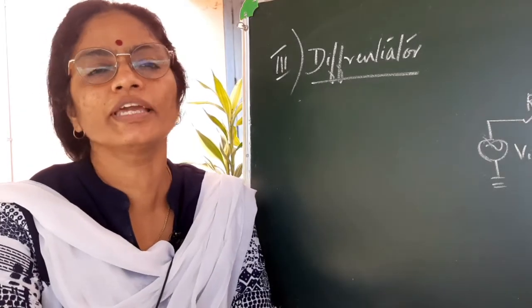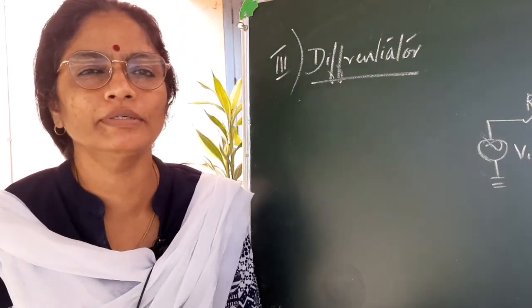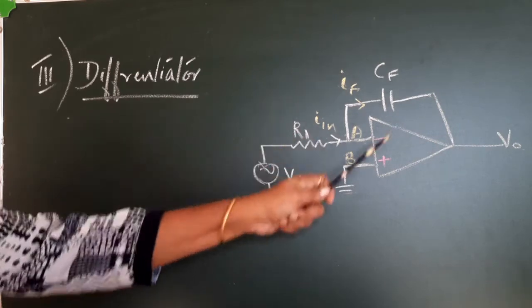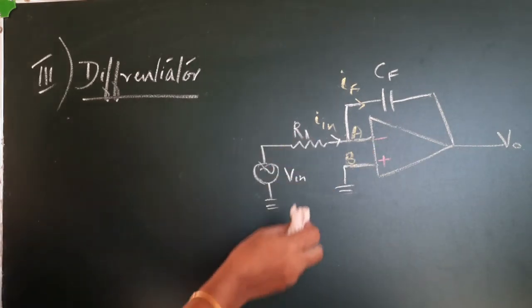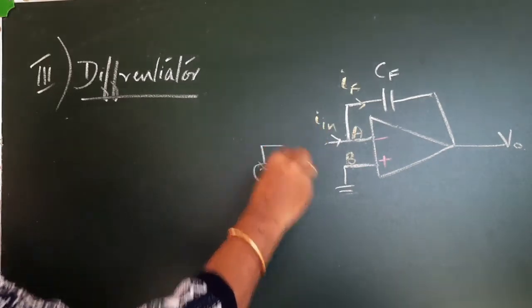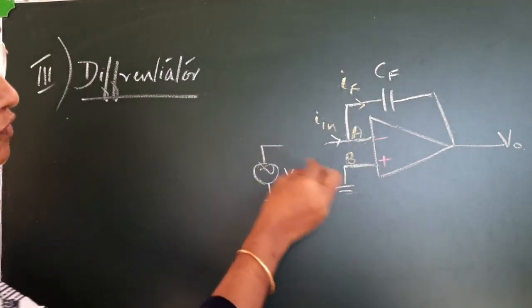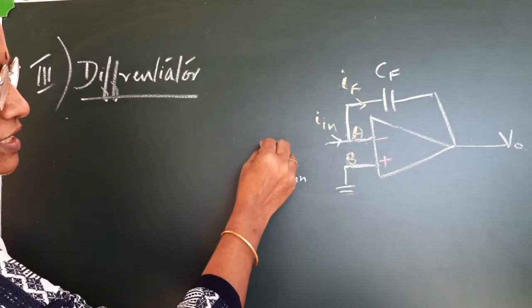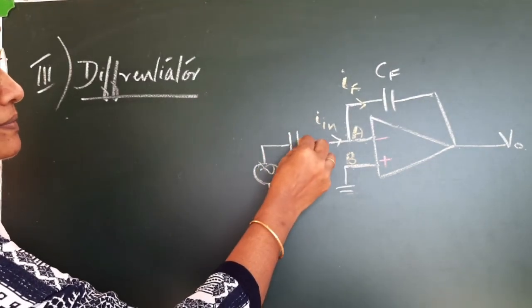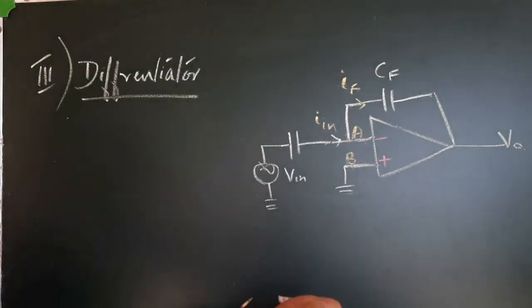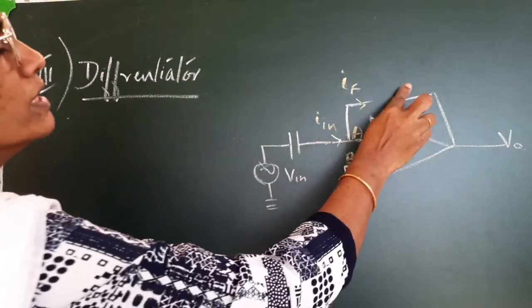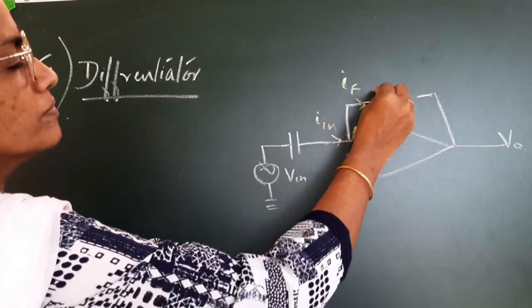Now let us try another application of op-amp. The third application, the differentiator. This is an integrator circuit, so let us convert that into a differentiator. What I am doing is removing this resistor and making it a capacitor. Now replace this capacitor with a resistor.